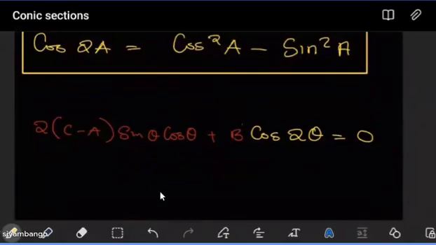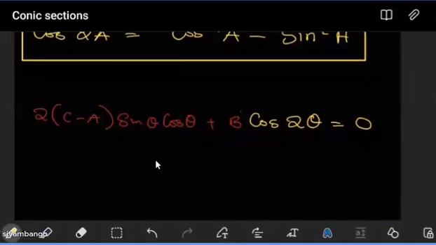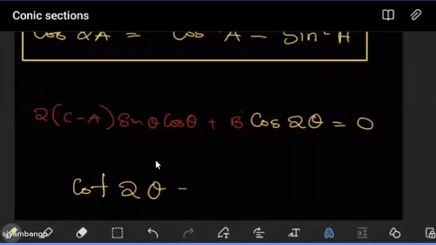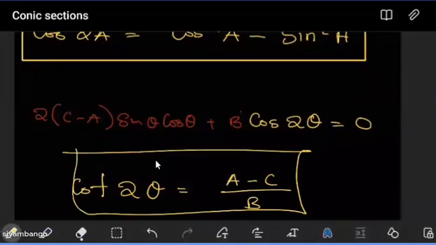We're almost shaping up, so we are almost reaching the end of the derivation. Keep in mind where you're going. You're going towards cot 2 theta being equal to A minus C over B. This is the final solution we want to see.